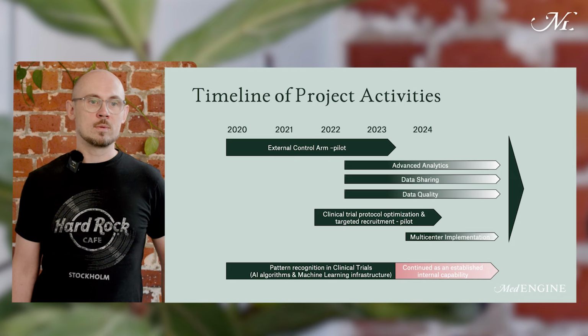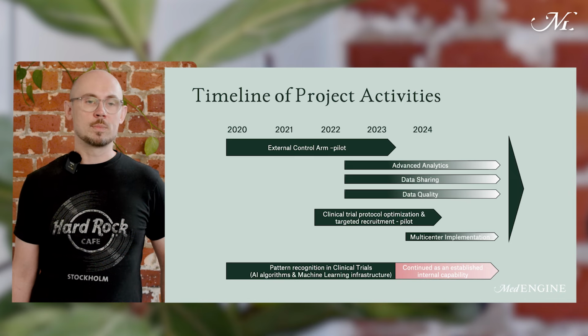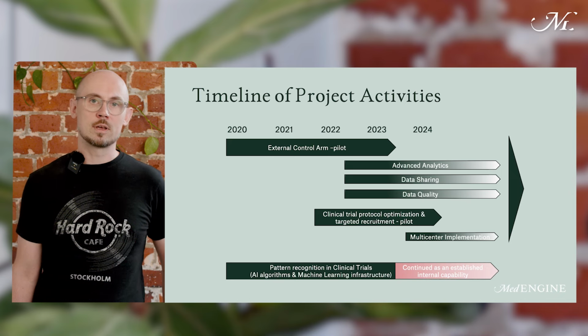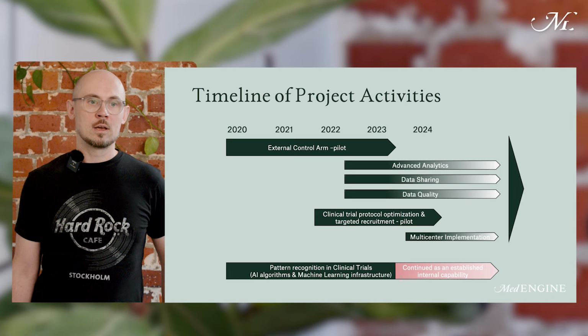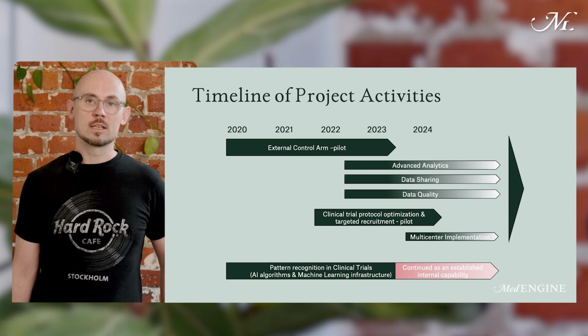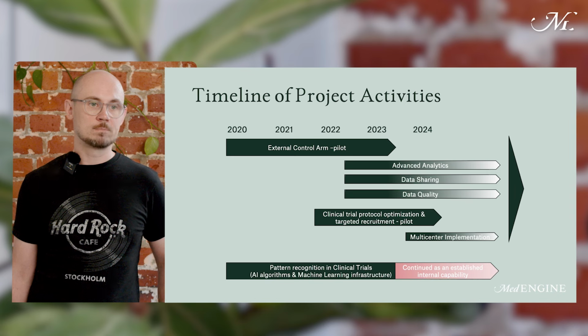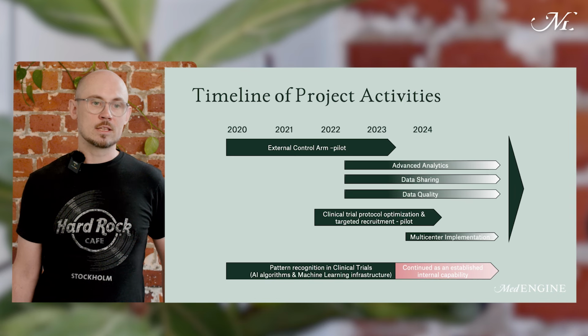Then we continued with more topics under that, including AI development together with Aalto University, anonymization activities with Veil AI, and data quality activities with a company called Droiz Labs. Then we have other activities, including how we could optimize clinical trials and so forth.